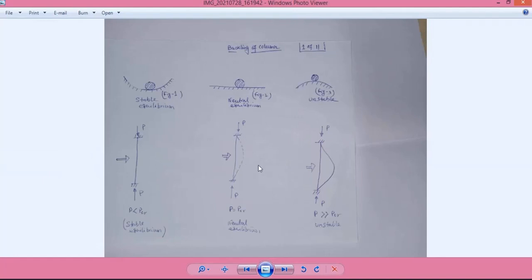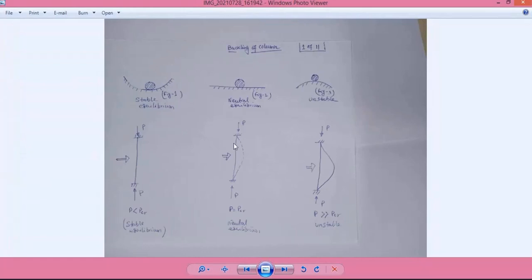If the column is subjected to an increasing force, or if we apply the PCR value within the column, and if we put a horizontal disturbance and then remove it, the column will never come to its initial position.